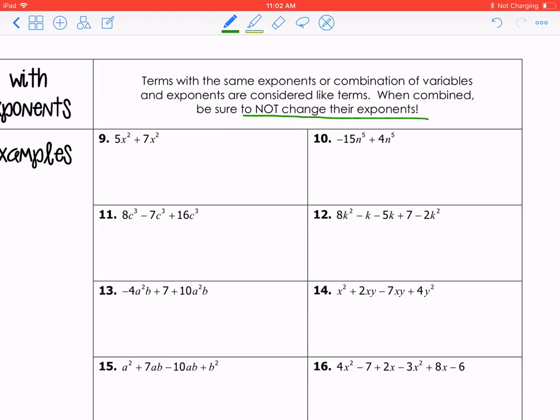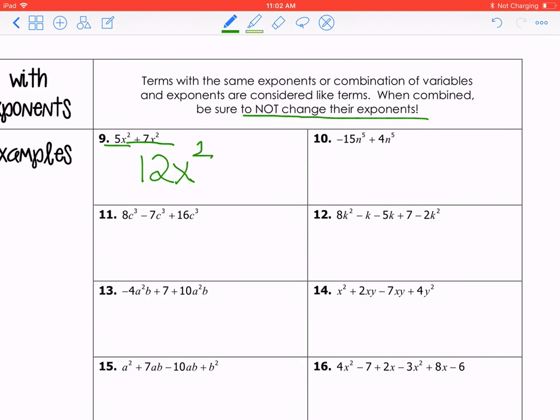And I'll show you what I mean in a second. For example, number 9. Not only do we now have the variable x next to our coefficients, but we also have the exponent of 2. You add your coefficients to get 12. And like I underlined, do not change their exponents. So you leave it as x squared.